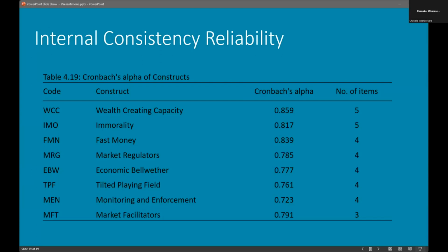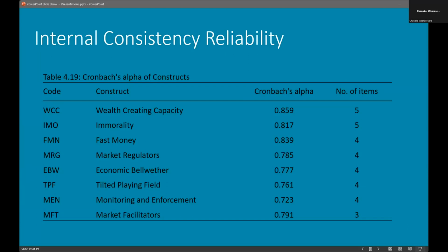There are some citations that you can use to prove that. There are scholars who believe that a Cronbach alpha value more than 0.6 is also okay. There is other literature mentioning that it should be more than 0.7. Some actually mention that it should be more than 0.8.